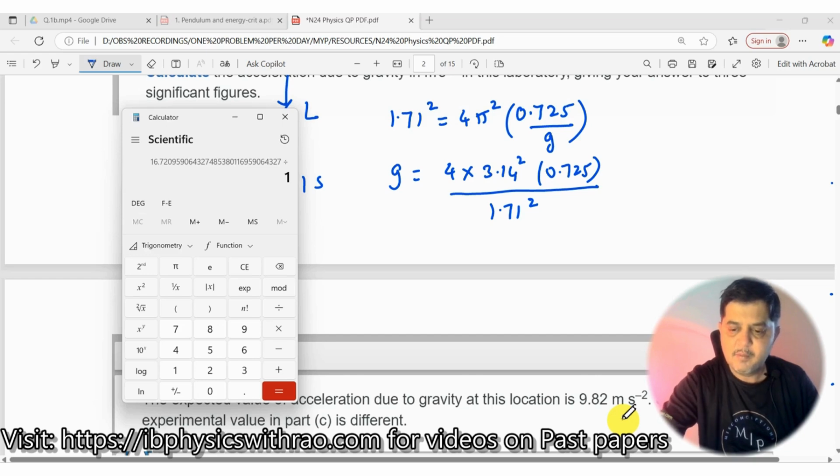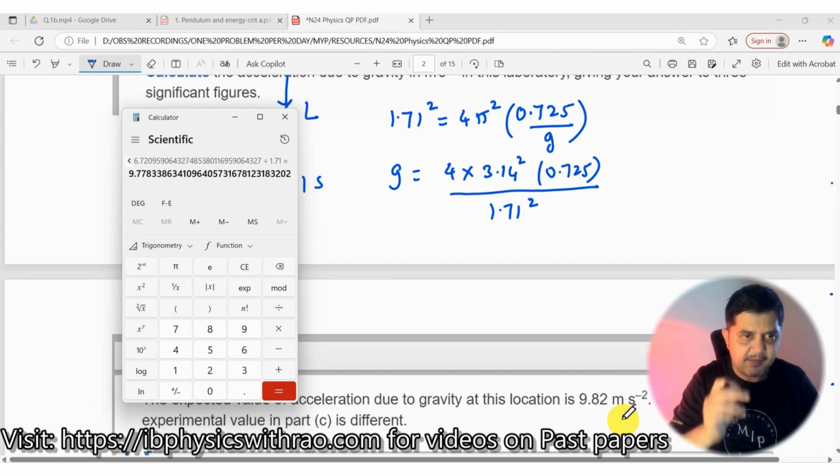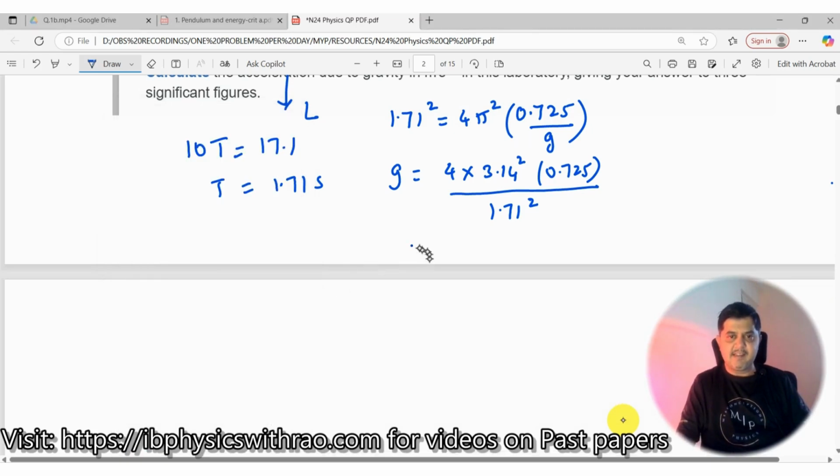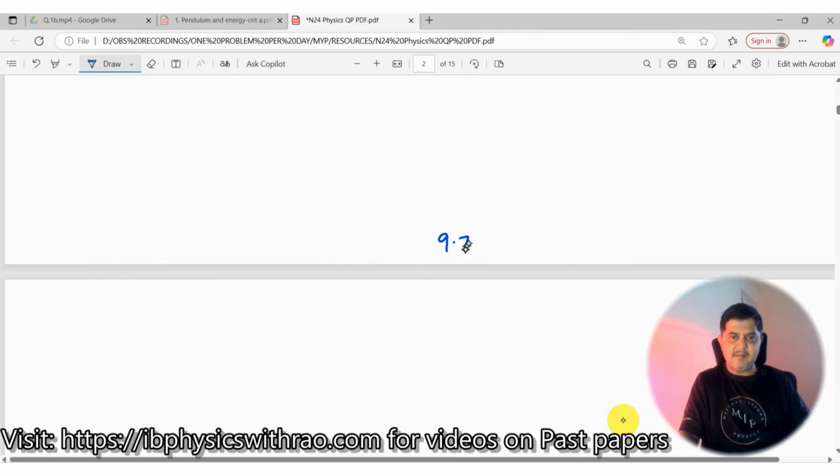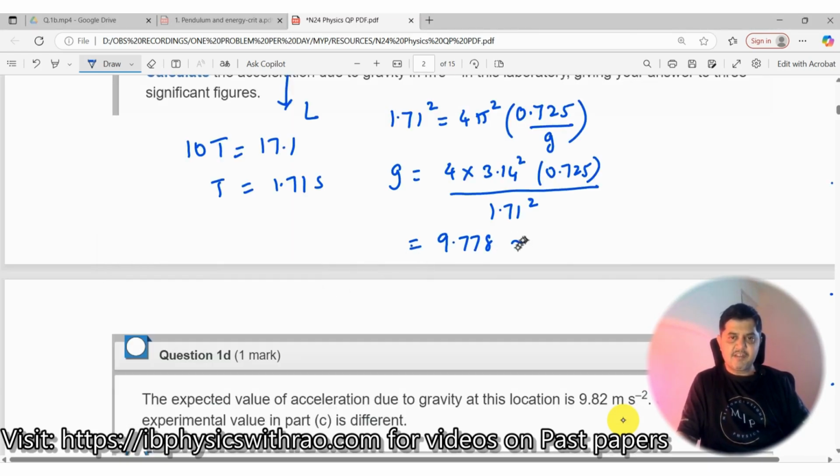Divided by 1.71 again because it's squared. I do this once again, I get 9.778, which is 4 significant figures. I'll make it 3. This is 9.78 meters per second square. This is what I have got here.